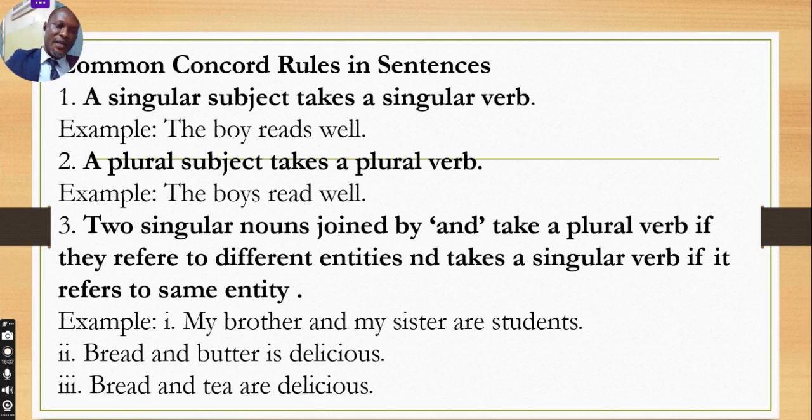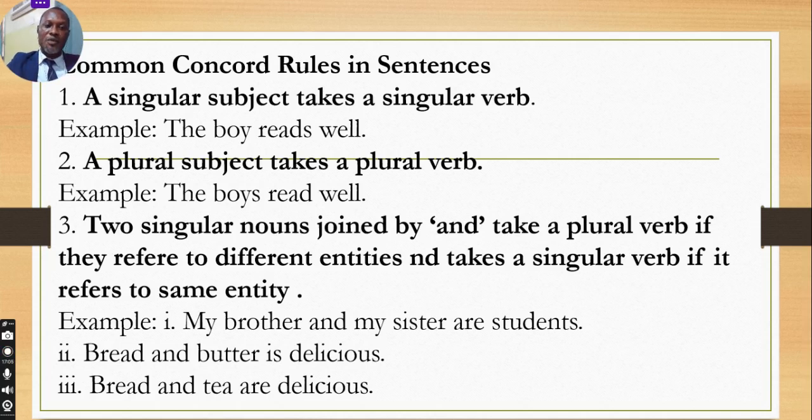Now, number three, two singular nouns, when joined by the coordinating conjunction "and," usually take a plural verb if they refer to different entities, and take a singular verb if they refer to the same entity. Please don't mind the omissions I have there.